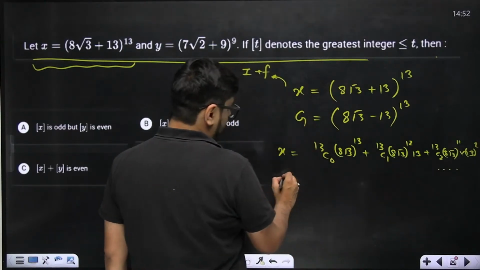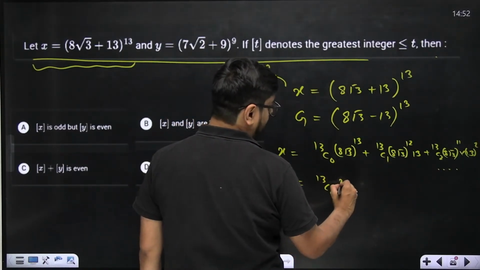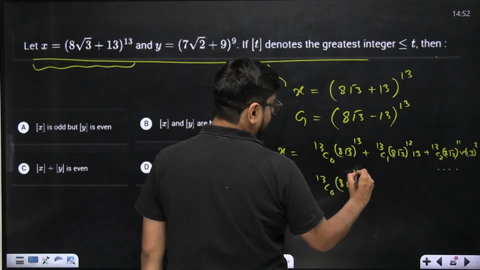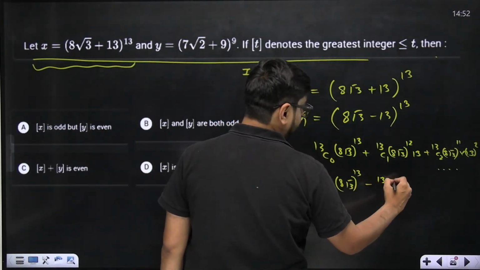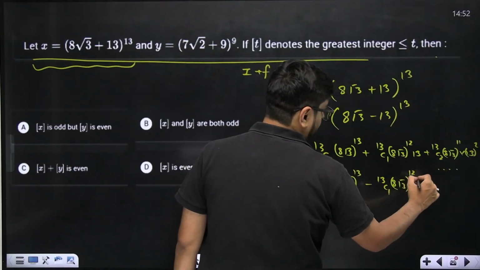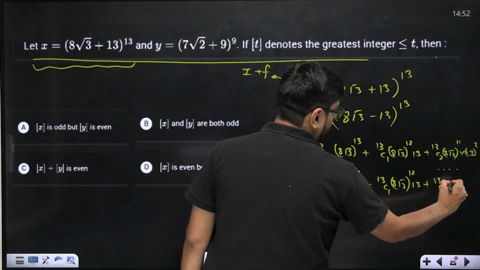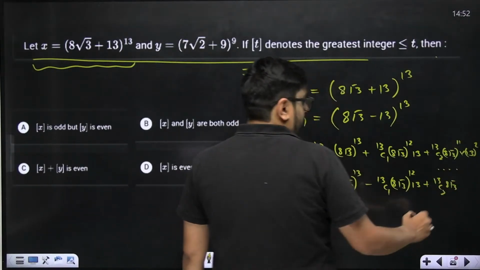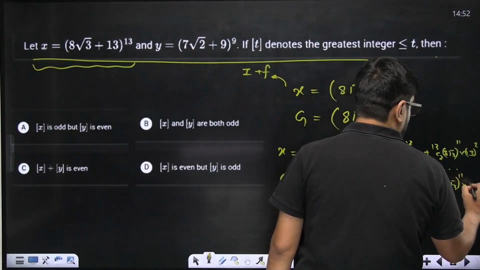The expansion of g will be 13c0 (8 root 3) to the power 13, minus 13c1 (8 root 3) to the power 12 into 13, plus 13c2 (8 root 3) to the power 11 into 13 square.